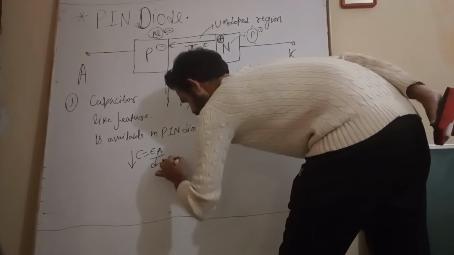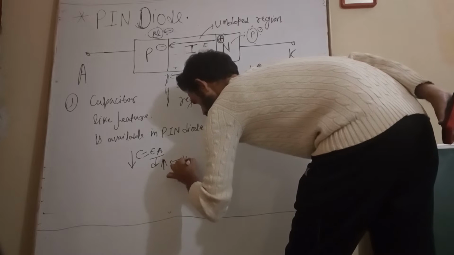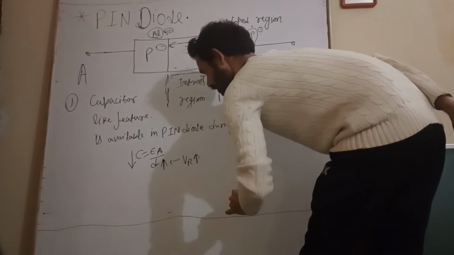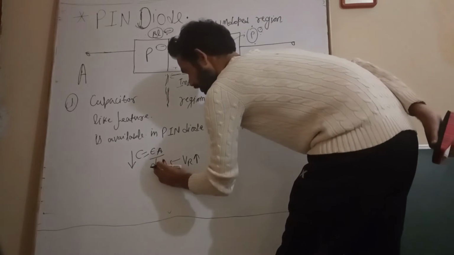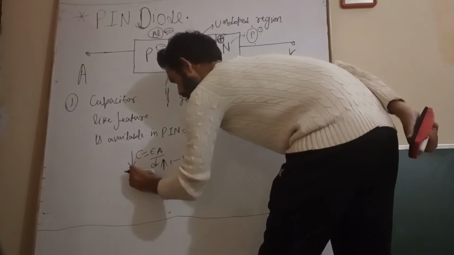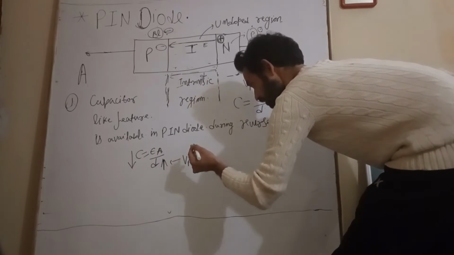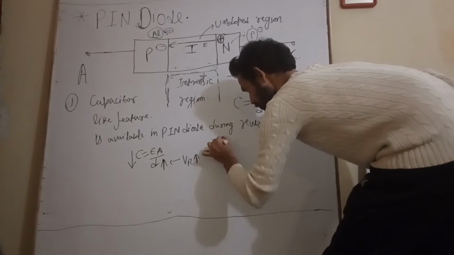This D increases because we are increasing the reverse bias voltage. So reverse bias voltage increases, D increases, capacitance decreases.